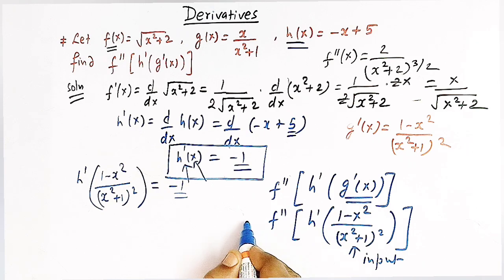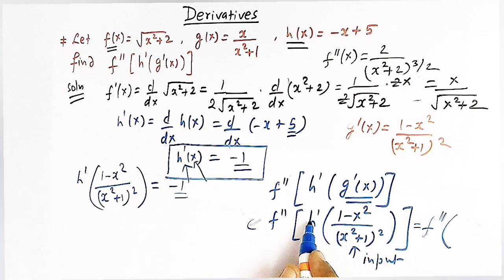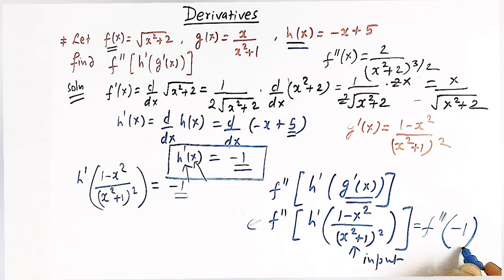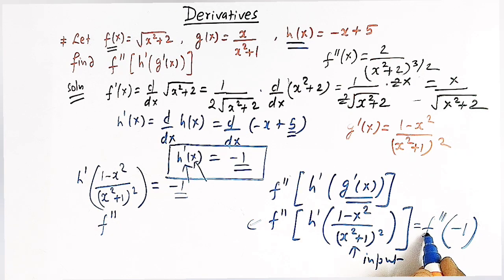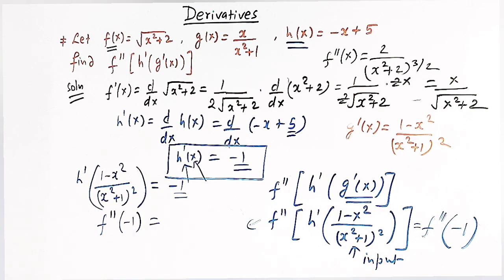So now this expression is equal to f double prime of h prime of this function, which is equal to minus 1. So here we have minus 1, right? So now we have to find the value of f double prime of minus 1.